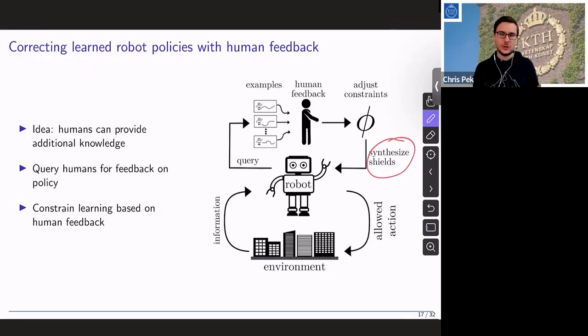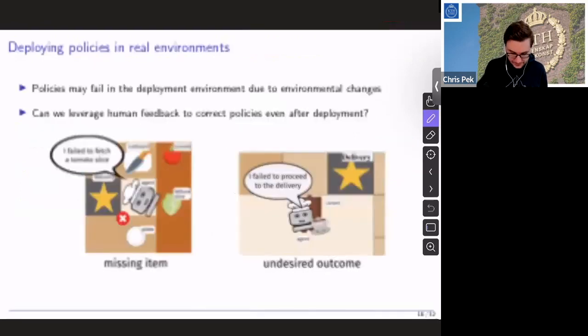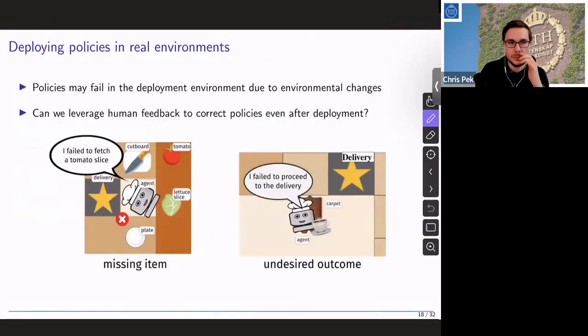And here I want to talk about something different from perceived safety, namely policies that fail. When we deploy policies in a real environment, they may fail due to environmental changes. So for instance, this cooking robot, which you can see here on the left, could fail because it needs to fetch a tomato slice, but there is no tomato slice, there's only a full tomato. So there are certain missing items.